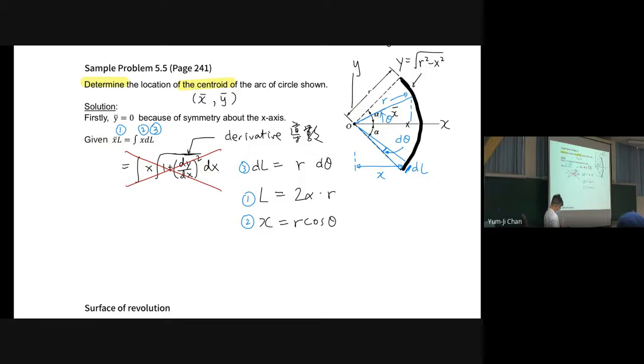Therefore we have x bar times 2 alpha r, which is L, equal to the integral from minus alpha to plus alpha of r cosine theta times r d theta. Sorry, this one is x, and this is dl.